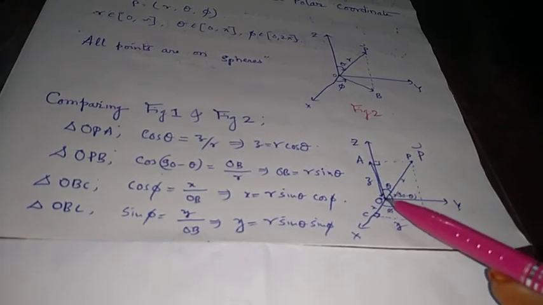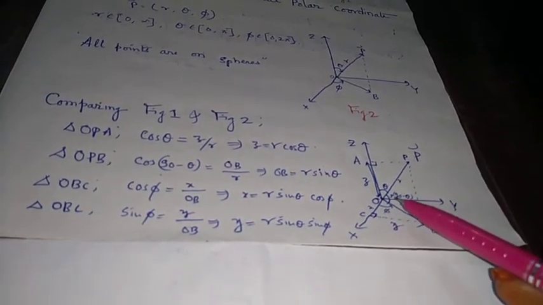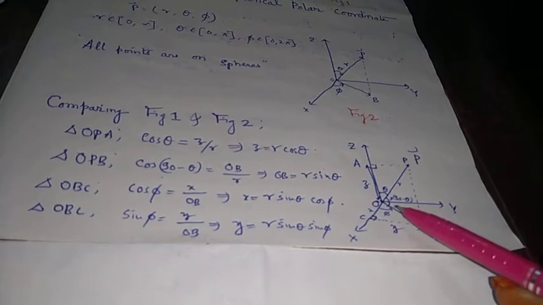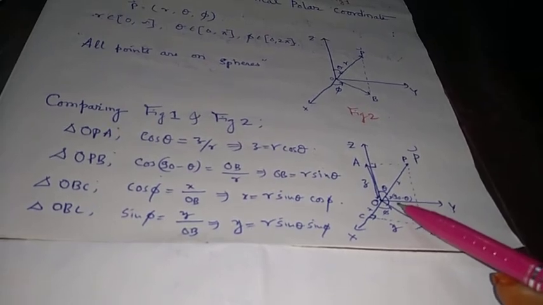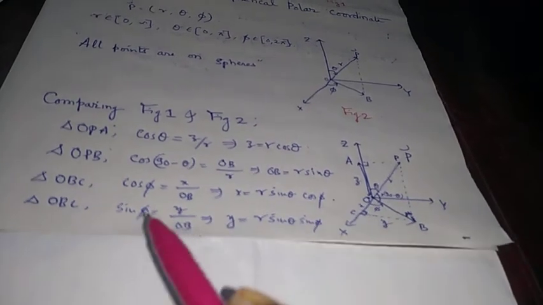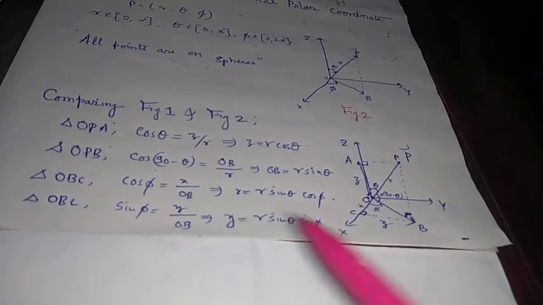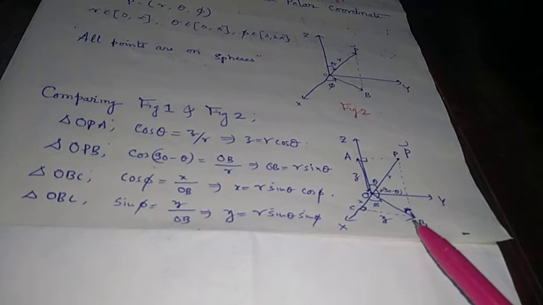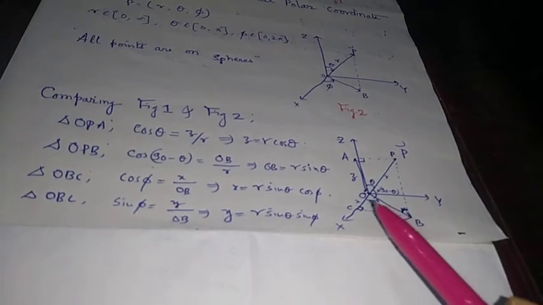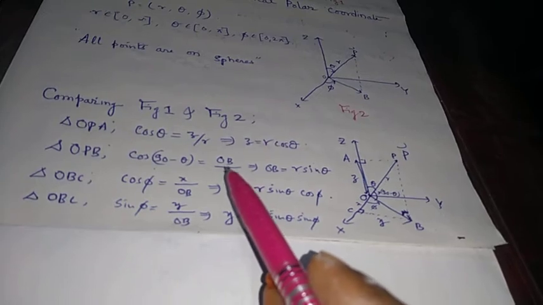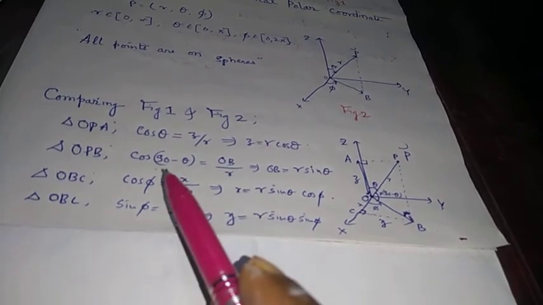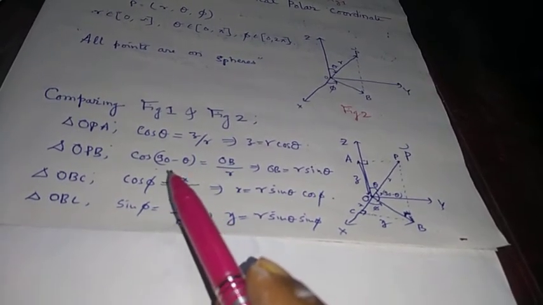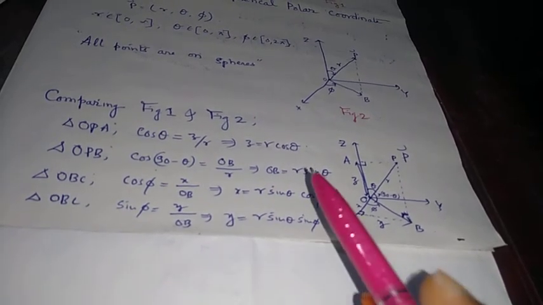So the cosine of the angle here is cos of 90 minus theta, and it equals the adjacent, which is OB, divided by hypotenuse, which is OP, which is R. So we get OB by R is equal to cosine of 90 minus theta, which is sine theta. So we can say that OB is equal to r sine theta.